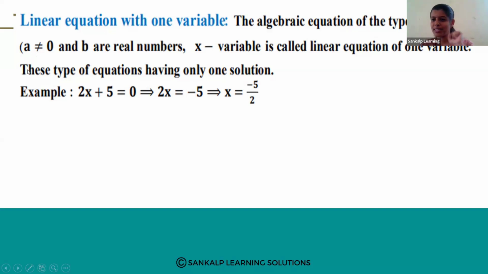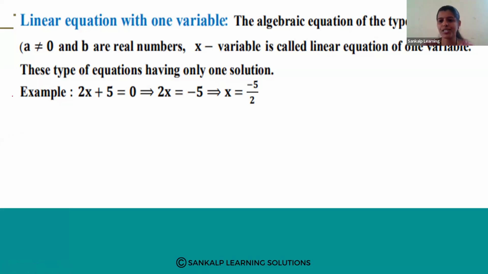In the polynomial chapter, we learnt what a polynomial is and the types of polynomial, right? So linear polynomial, quadratic polynomial, cubic polynomial. With the help of those polynomials, we are going to discuss equations. So what do you mean by linear equation?